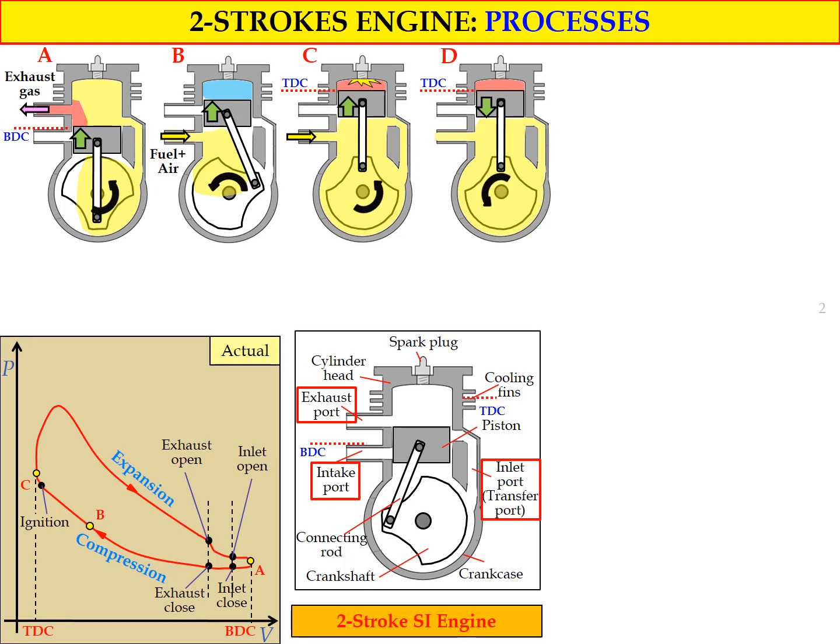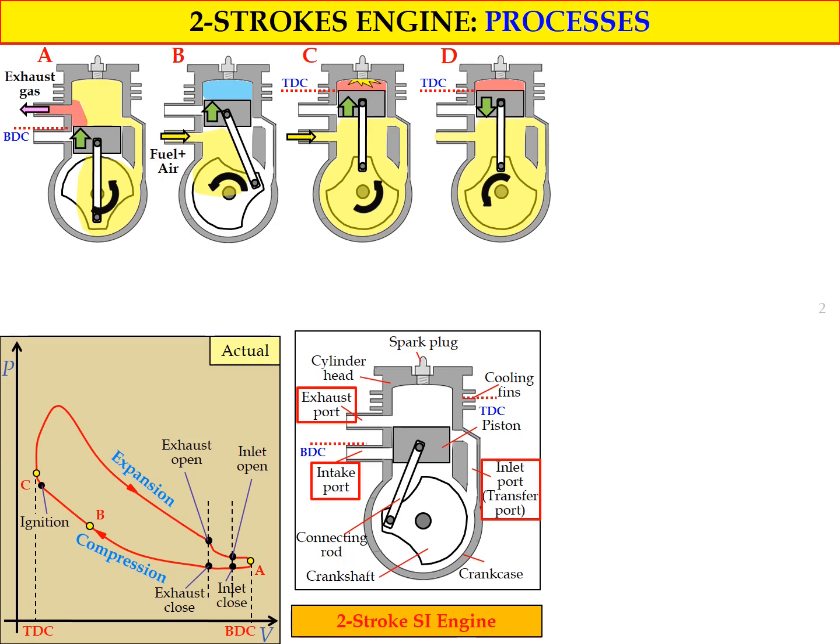But in this case, because the piston has already started to move downward, no additional fresh fuel plus air mixture enters the crankcase. The crankcase is already filled with the fresh fuel plus air mixture.